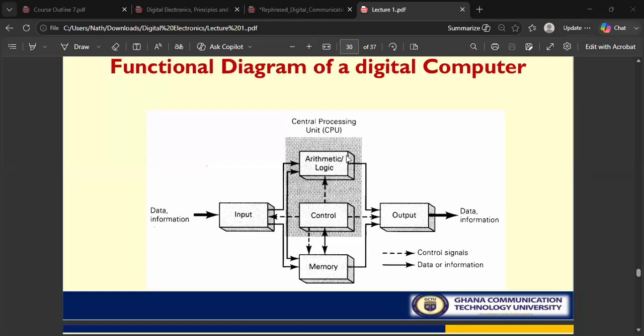Then everything is forwarded to the display or the output. Your display can be a monitor, or you can read the information in a book. So this is a typical diagram of a digital computer.